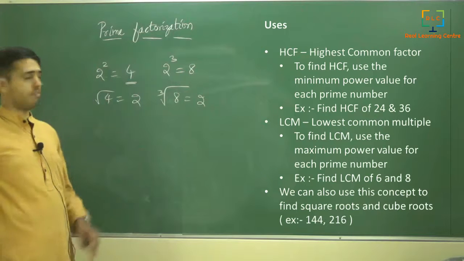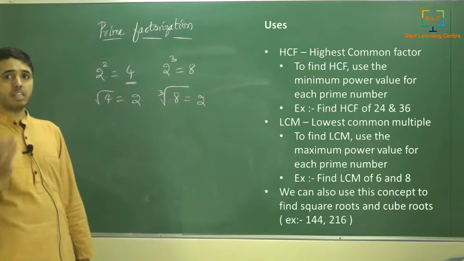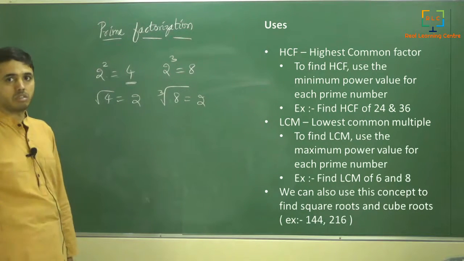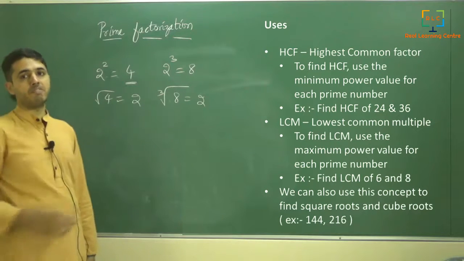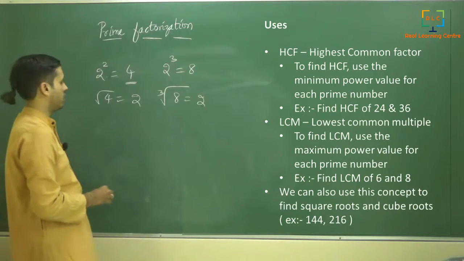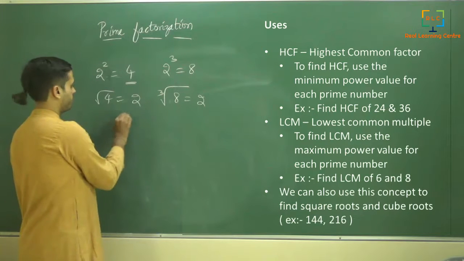So for smaller numbers we can do this easily, but how to find the square root and cube root of large numbers? We can use prime factorization for this. We have taken the example of 144.